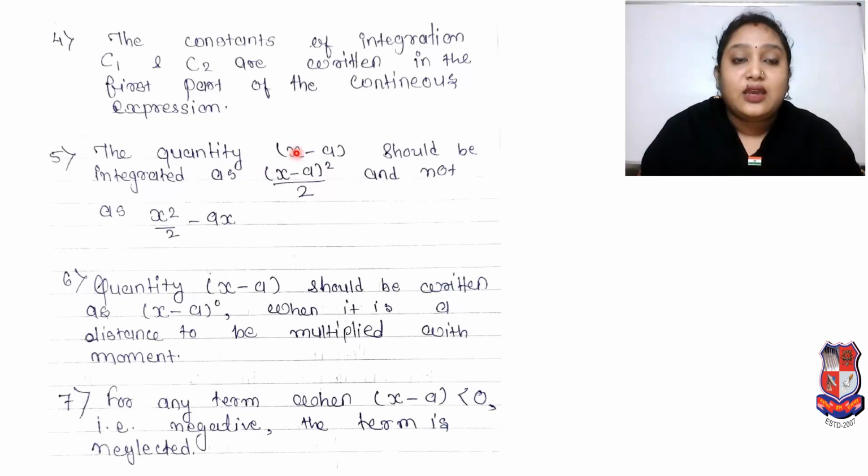The quantity in bracket (x minus a) should be integrated as (x minus a) raised to 2 divided by 2, and not as x square by 2 minus ax. This means we have to write this part like that, not like that. Sixth rule: the quantity in bracket (x minus a) should be written as (x minus a) whole power 0 when it is a distance to be multiplied with moment.